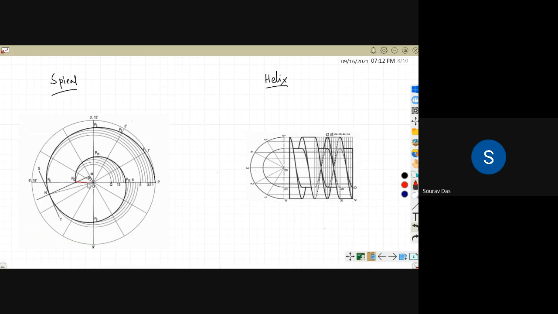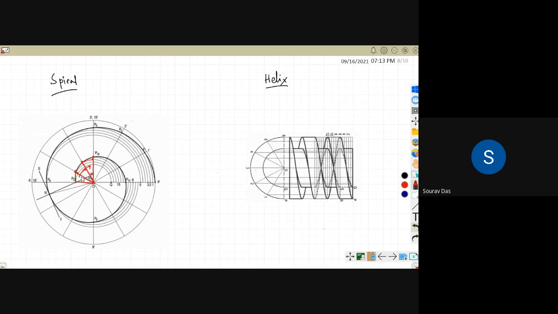If this is a straight line, it is moving around this point. When this line moves to this position, the point also moves this much. Again, when the line moves to this location, the point has moved to here. Again, when the line has moved to this position, the point has moved to here.